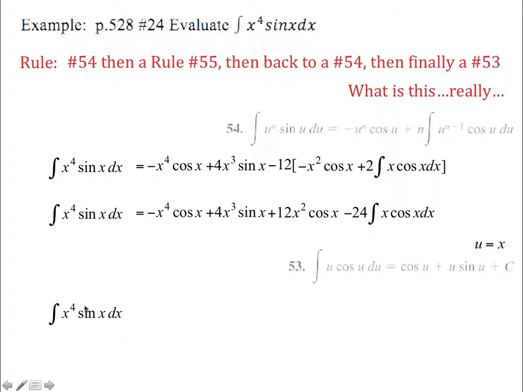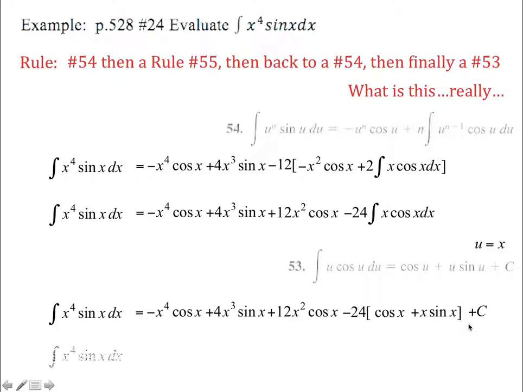So bringing down everything we've done already, and then minus 24, we're going to say cosine u plus u sine u. So it's going to be cosine x plus x sine x. And then now I can finally put on my plus c. So that's the entire answer for that integration.